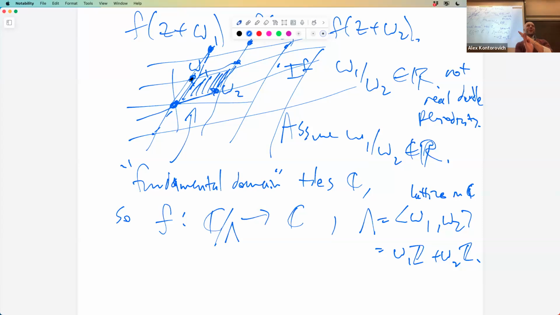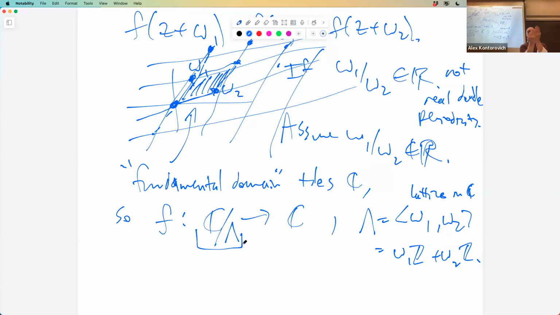Because the original thing was just a rank 1 lattice, like 2 pi Z is a rank 1 lattice in the complex plane. But this is genuine rank 2, in other words, genuine double periodicity. Now, what is this quotient? When we thought about the sine function, a complex valued function, it's really a function on a cylinder, because it's only periodic, z goes to z mod 2 pi.